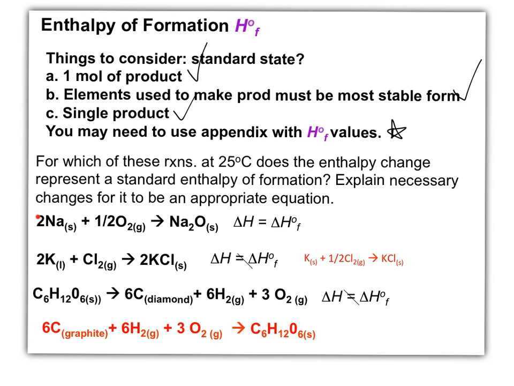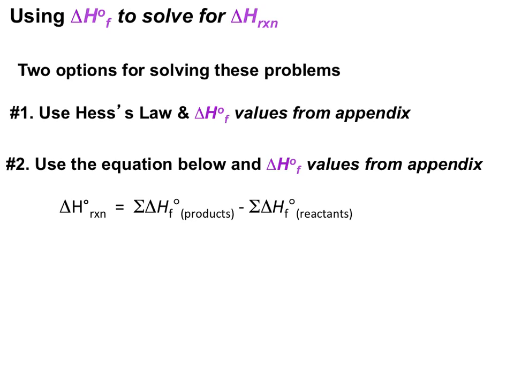If we go into the appendix, solving for the change in enthalpy of a reaction can be accomplished utilizing delta H of formation values. There are 2 approaches we can utilize when doing these calculations.